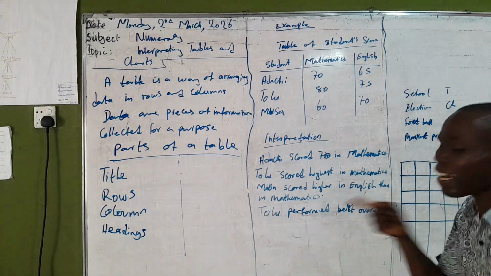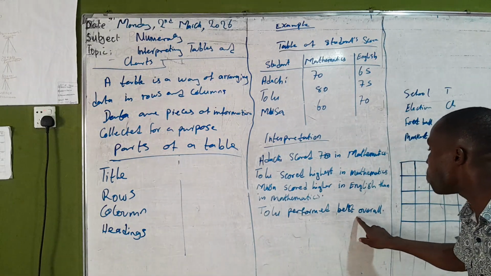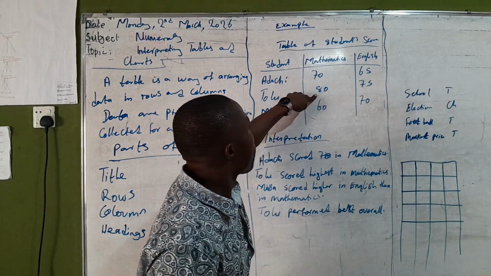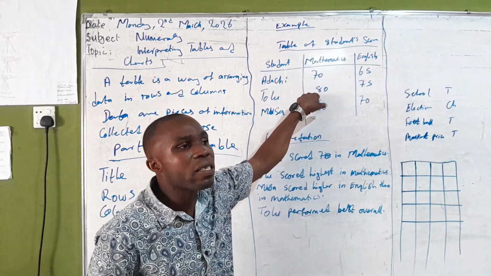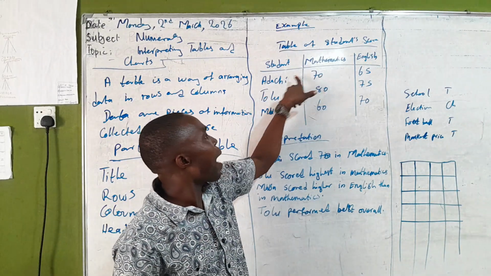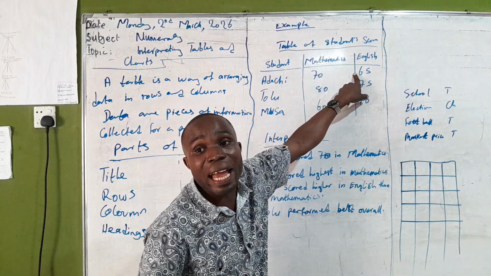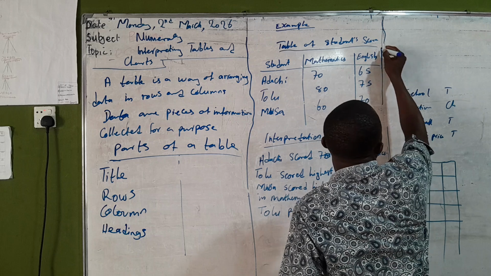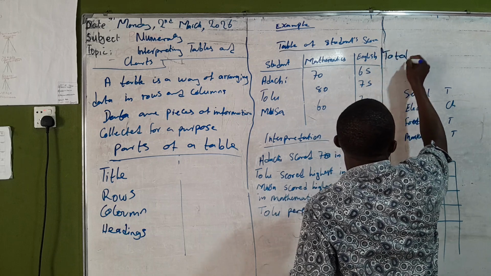Now, this last one: Tolu performed best overall. That means we have added each person's English and mathematics scores together. Let's say we have a total column here.